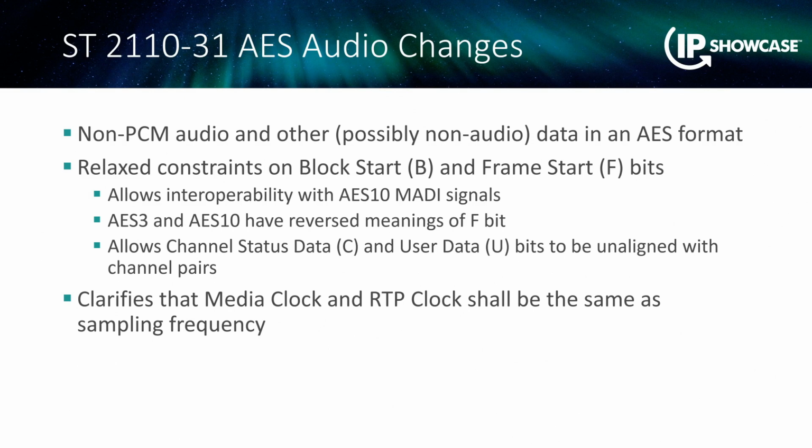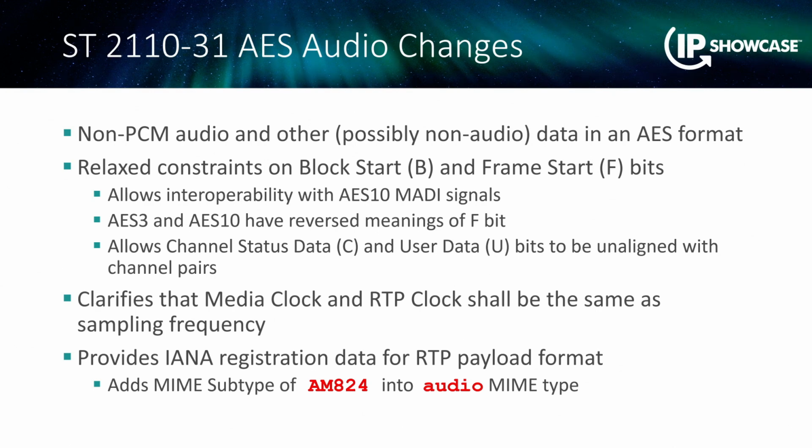And then we clarified that the media clock and the RTP clock have to be the same as the sampling frequency for audio. And we also did an IANA registration of the AM824 MIME subtype within the audio MIME type, so that now you're officially using that. Again, lots of cleanup, lots of housekeeping here.